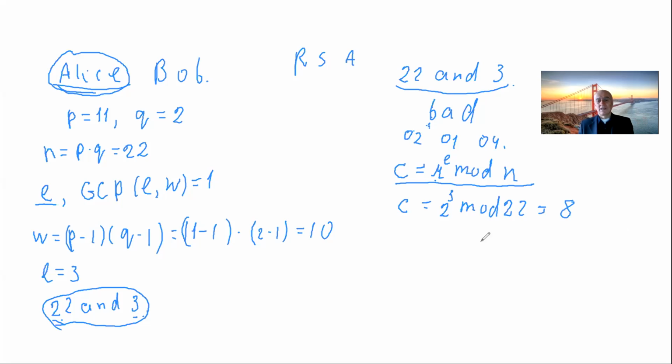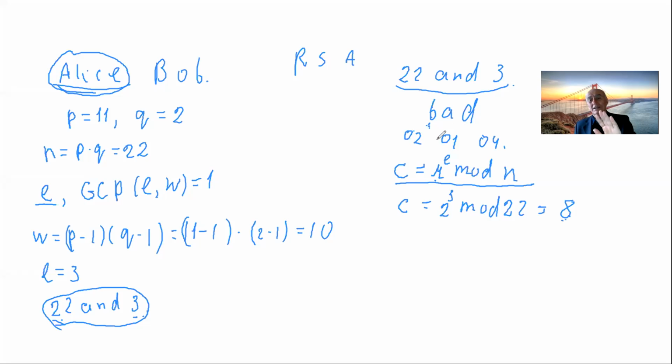So Bob encrypted letter B, and this is 8. He can send just 8, or can find the corresponding letter in the alphabet, the letter with number 8, and send this letter.